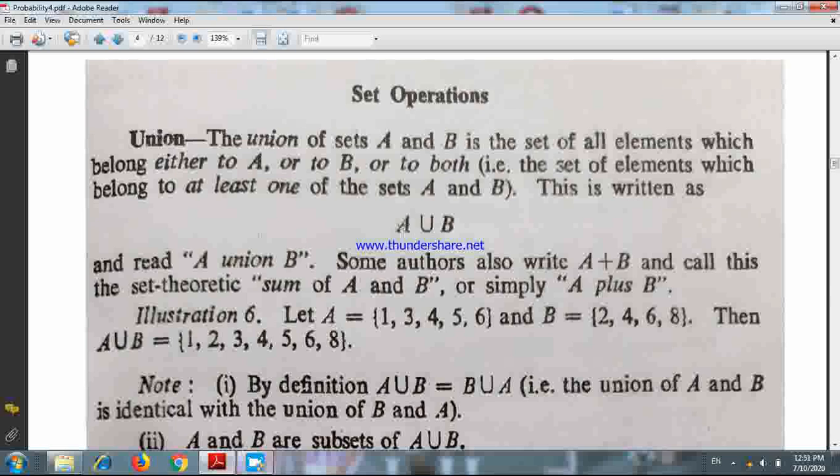Examples are there. A is given 1, 3, 4, 5, 6, B equals 2, 4, 6, 8, and A union B equals this. That is the set of elements belonging to either A or B or both.